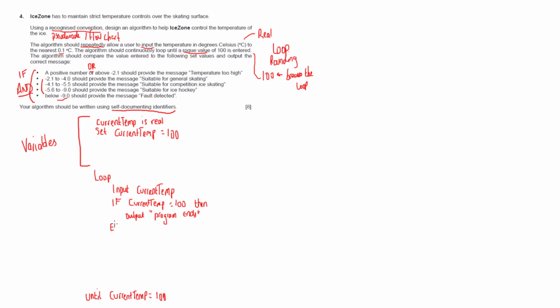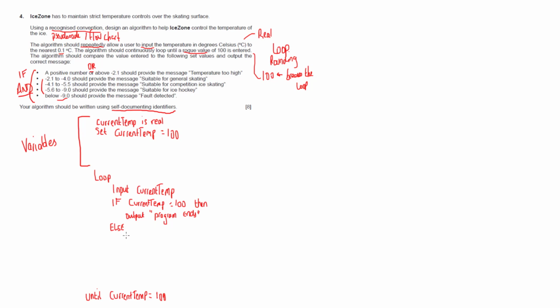Else, so if it's not equal to 100, what else are you going to do? And all I'm going to do is start checking these conditions over here, and I'll just work my way through. So a positive number or above minus 2.1. So anything greater than minus 2.1 is going to say temperature too high. So nice, just a simple if statement.